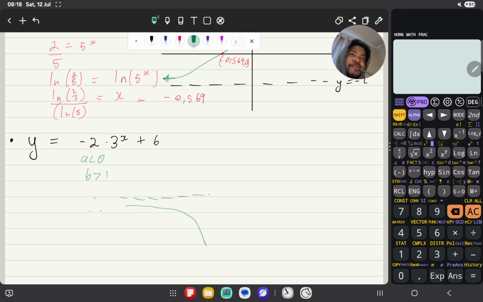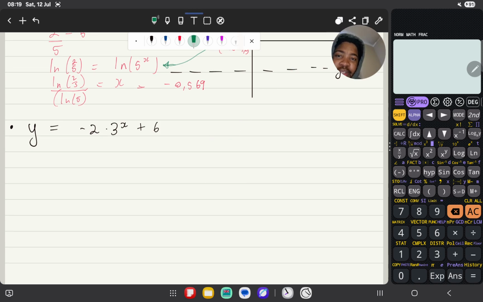So it's from you knowing the structure that you can say this is what my exponential is going to look like before you even plot it, before you even graph it. You know the structure because you know the effects of a, you know the effects of b, and you know q. So this is where you have y equals 6. You know what I'm saying?